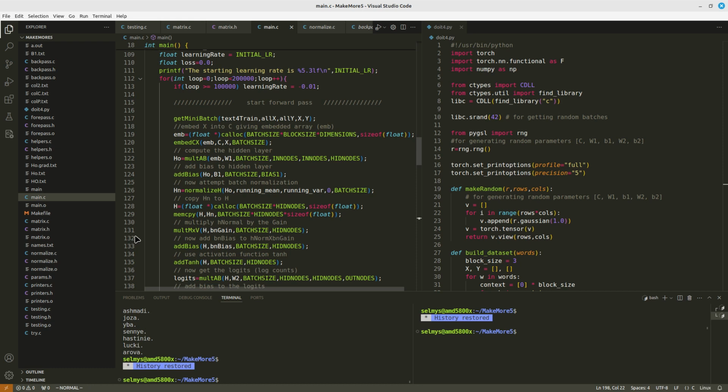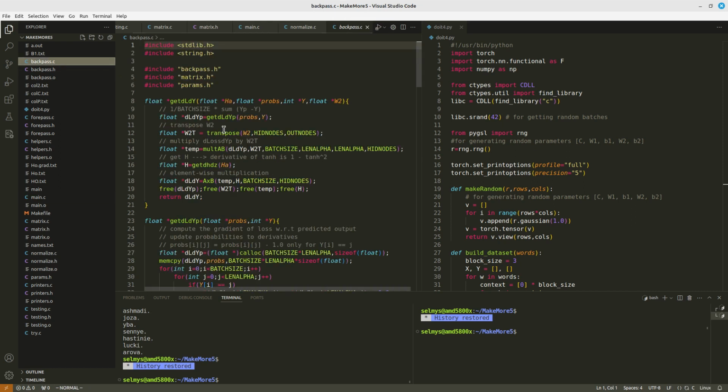But anyway, let's take a look at some of the C programs I have here. I'm looking right now at my main here, but I also have my code for doing the back pass, or the back propagation.